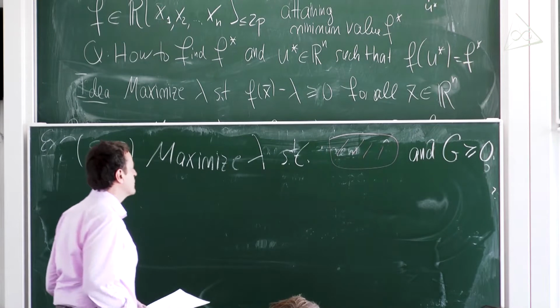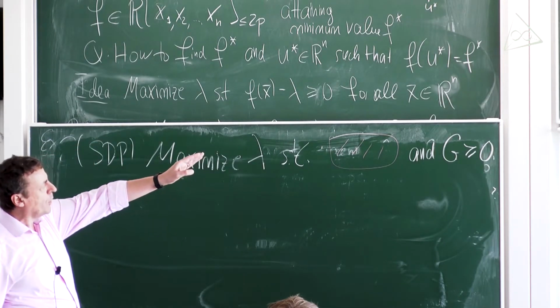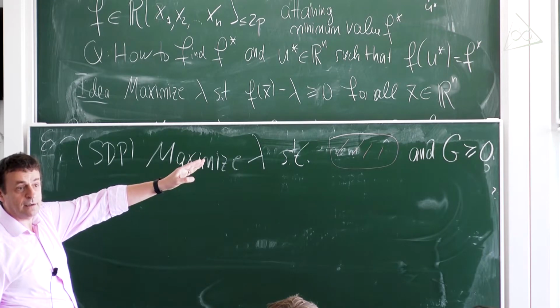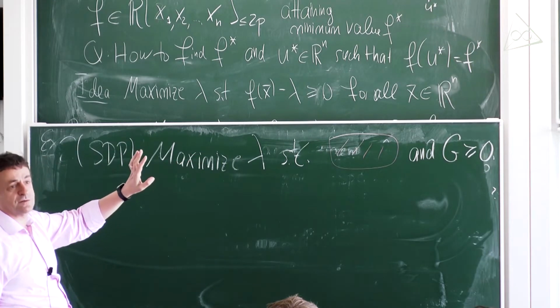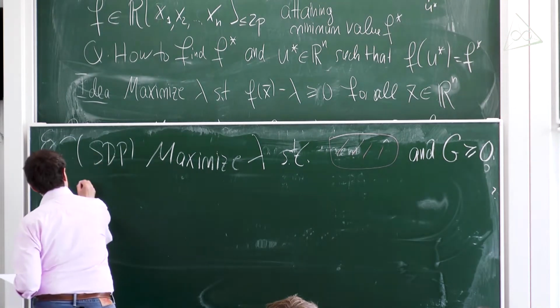Okay, so that's the problem we want to solve. I want to maximize lambda over all solutions to the red linear equations where G is positive semi-definite. So now how do you do this in practice? Well, we're going to do it.